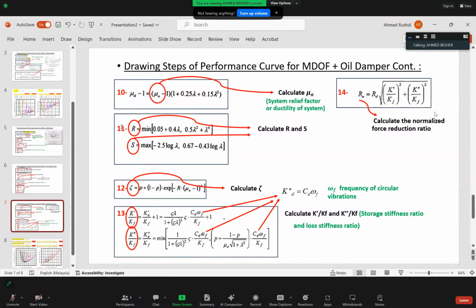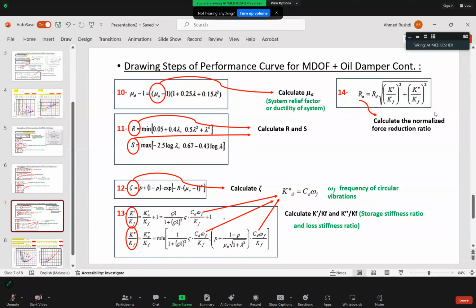In step number 11, we calculate the RNS, which is called relief factors, which we use to calculate sigma, and we use sigma to calculate the storage stiffness ratio and the loss stiffness ratio, as we can see in step number 13. The final step, 14, is to calculate the reduction ratios if the acceleration response is constant.